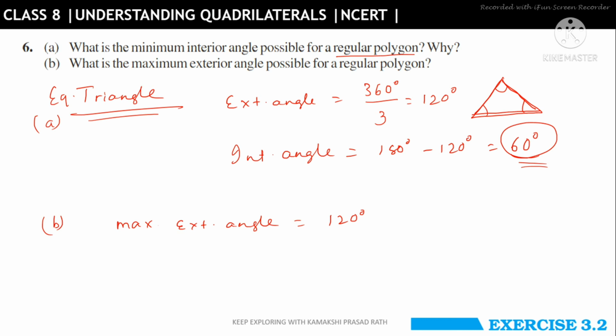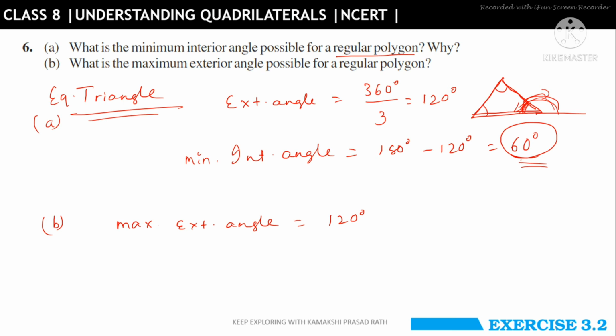As we saw, the minimum interior angle possible is 60 degrees. If this is the minimum one, the outside one should be the maximum, because these are linear pairs. As this keeps on decreasing, that keeps on increasing. So if the inside is the minimum, the outside should be the maximum.